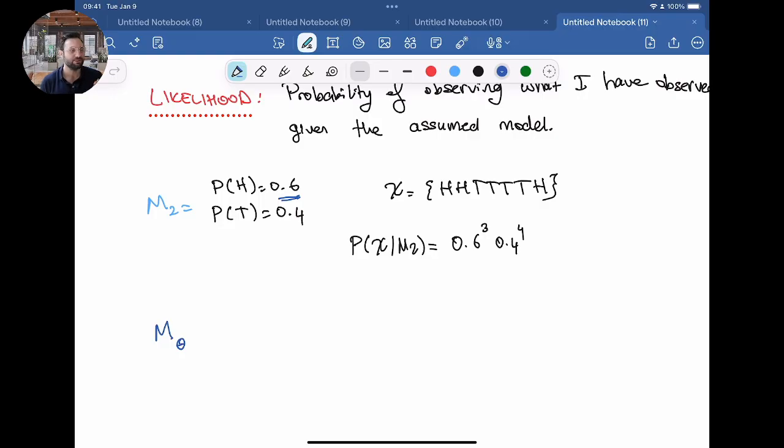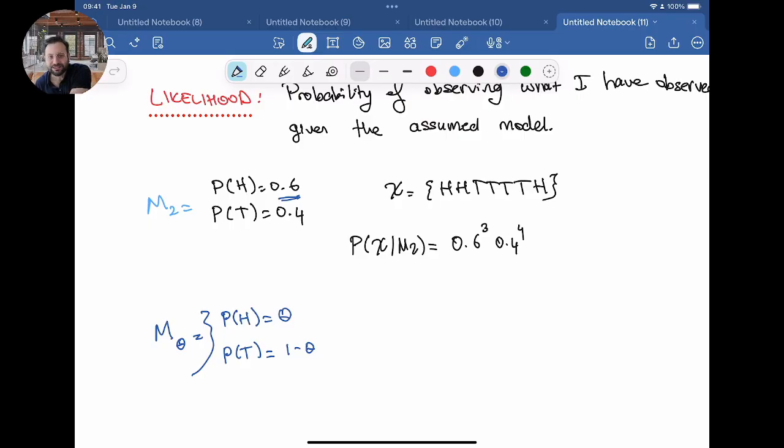I don't need to try every single rational number that could give me a probability of heads. I can make it a parameter, theta. So with this model, the probability of head becomes theta, and then the probability of tail becomes 1 minus theta, since their summation has to equal 1.